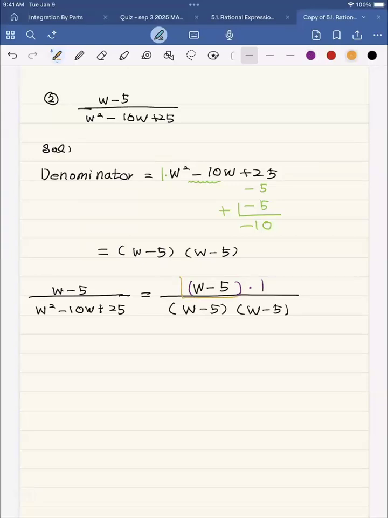Here, the w minus 5 in the numerator and denominator will cancel each other, and the numerator will remain with 1, and denominator will be w minus 5. So the final answer will be 1 over w minus 5.